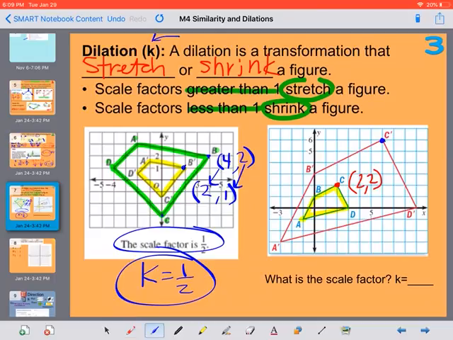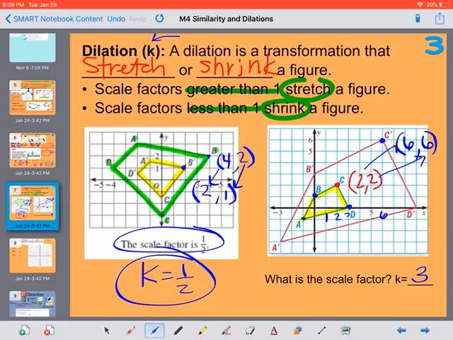But now our new C is 1, 2, 3, 4, 5, 6 to the right and up 1, 2, 3, 4, 5, 6. So how could we get from 2 to 6? Well, 2 times 3 is 6. So each of our points was dilated by a scale factor of 3.